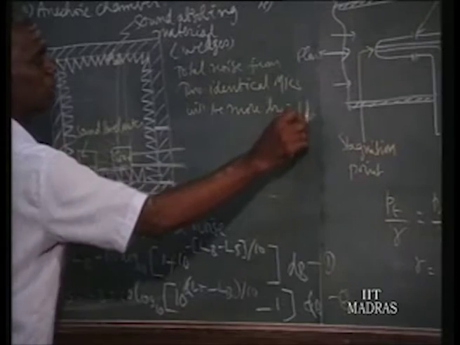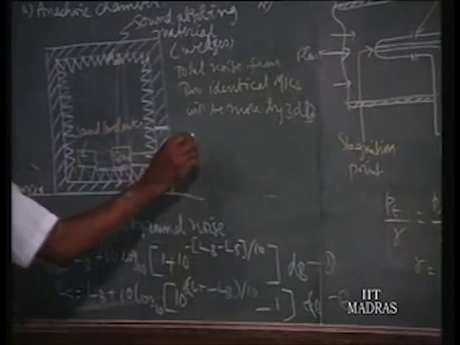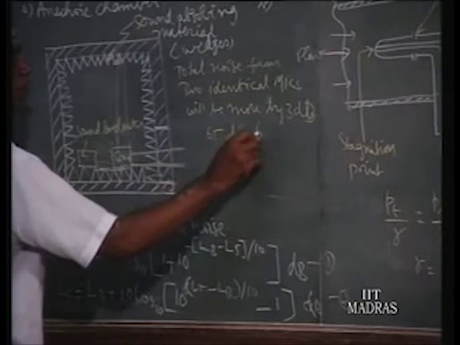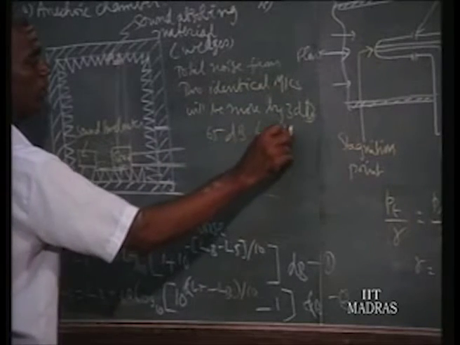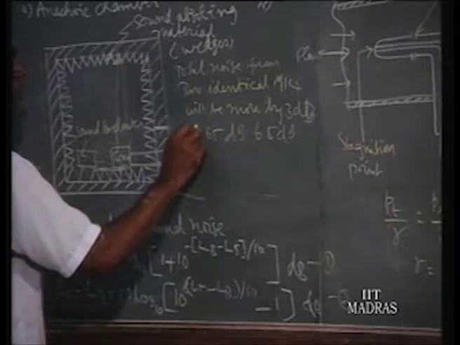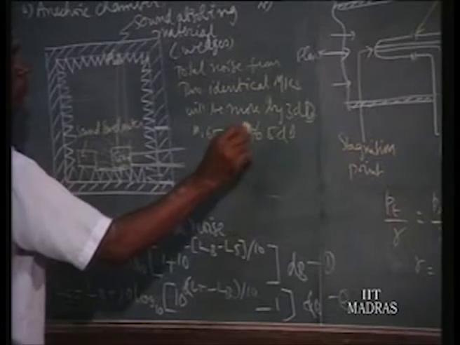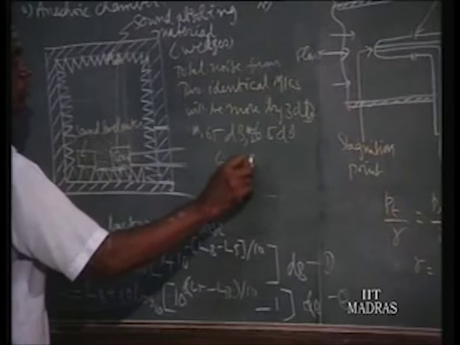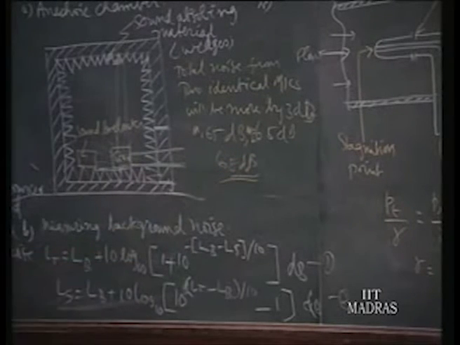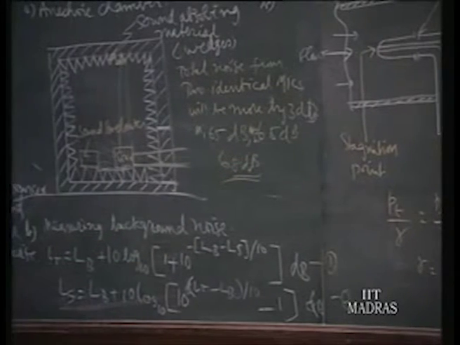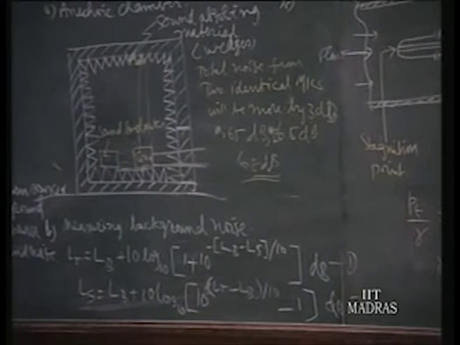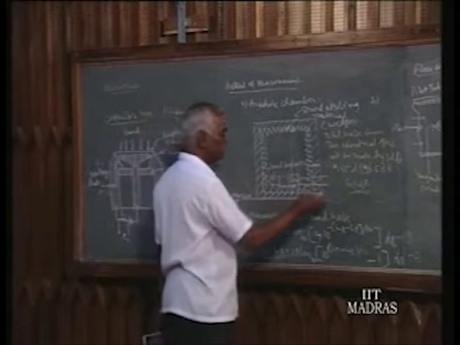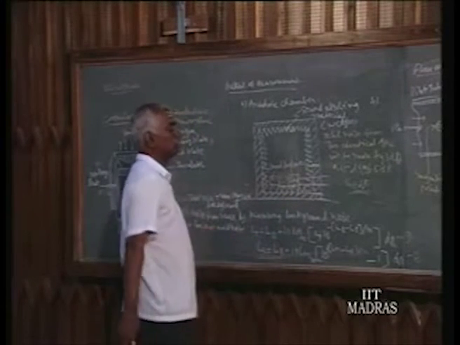Suppose each machine is making 65 decibels, that is machine 1 and machine 2 each make 65, then the total noise will be 68 decibels. That you can check in this equation also. The identical machines making the same decibel, if they are put together, the total noise will be only 68 decibels, increased by 3 decibels. That you can check in this equation.